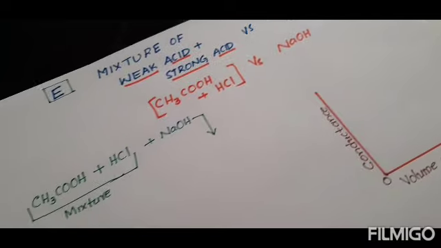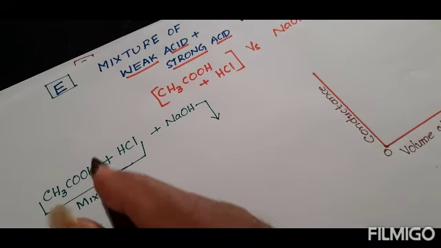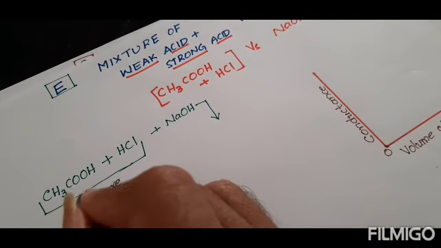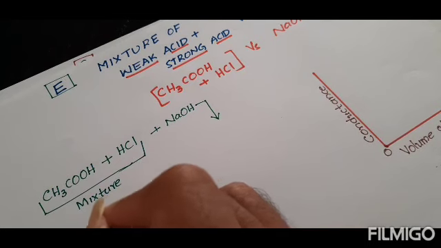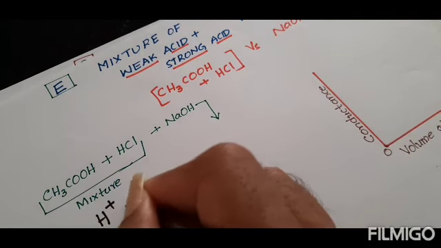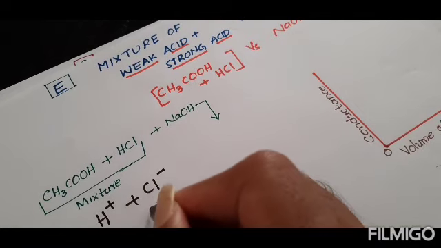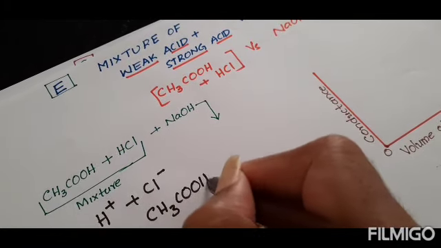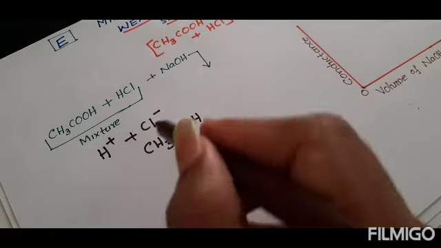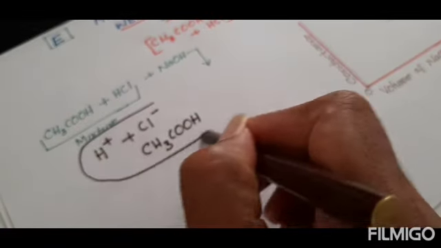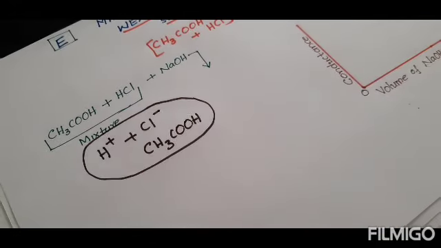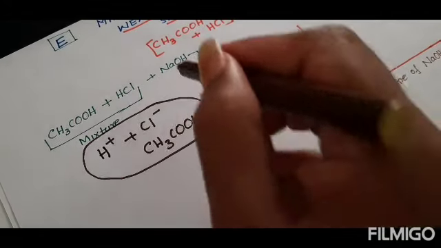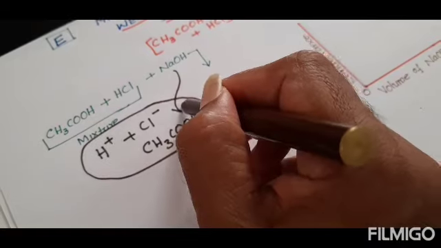What happens here? Students, take a look. Here this mixture contains H plus, Cl minus and CH3COOH. These are the species present in the conical flask initially. To this you are adding the NaOH.